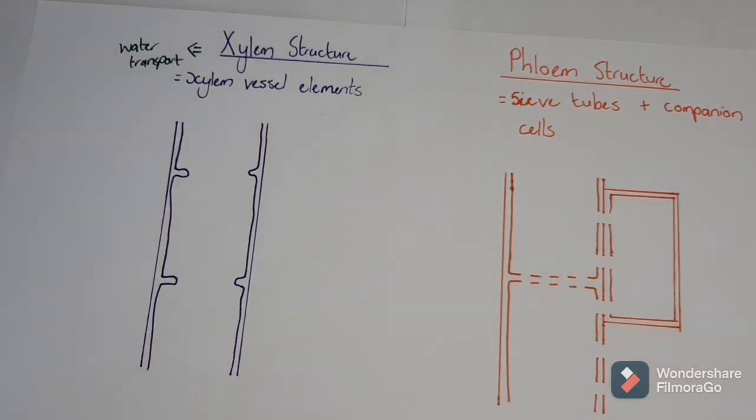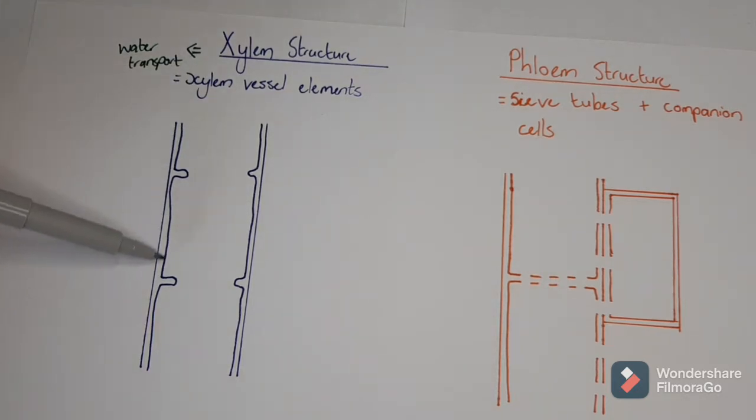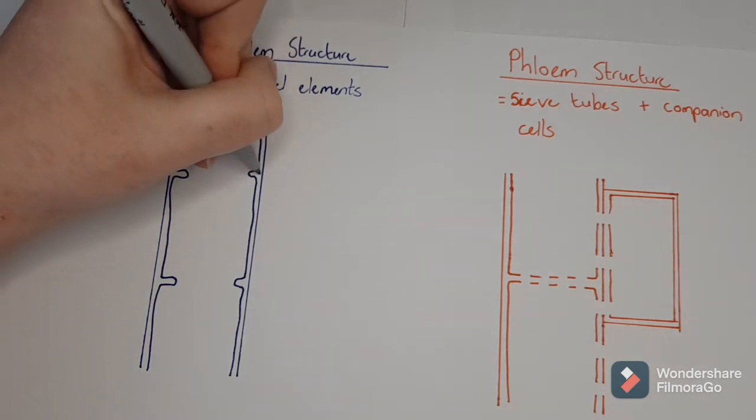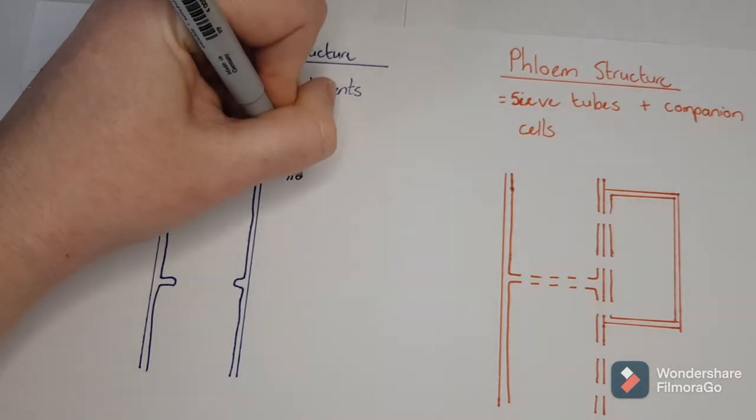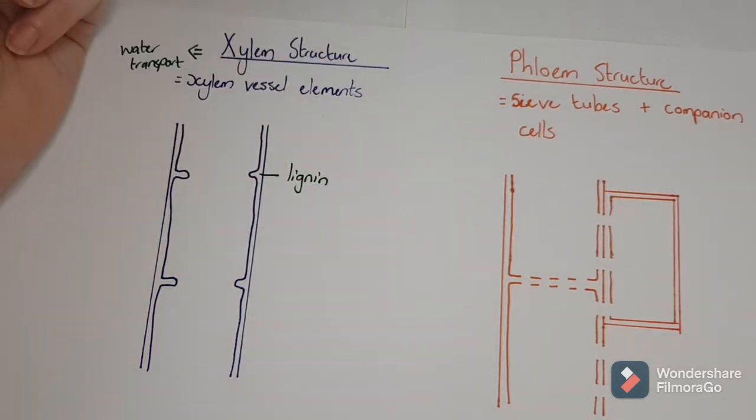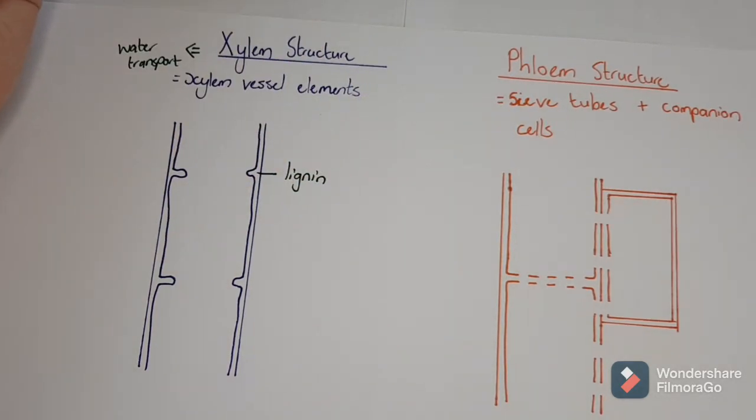Okay, so what the xylem has is it has these quite thick walls where normally a cell wall would be made of cellulose. This cell wall is made of lignin, and lignin is a very, very hard water insoluble product, so it doesn't allow water through, and it's very, very strong for structure, and it can hold things up very, very well.